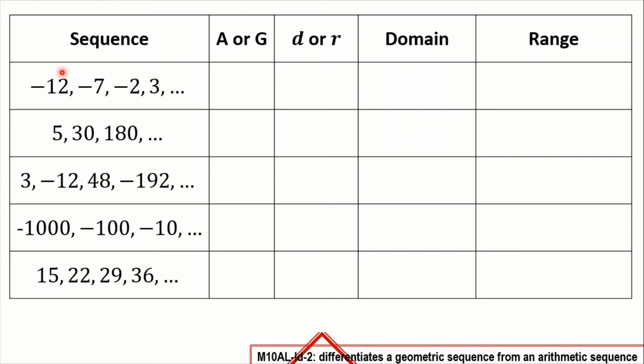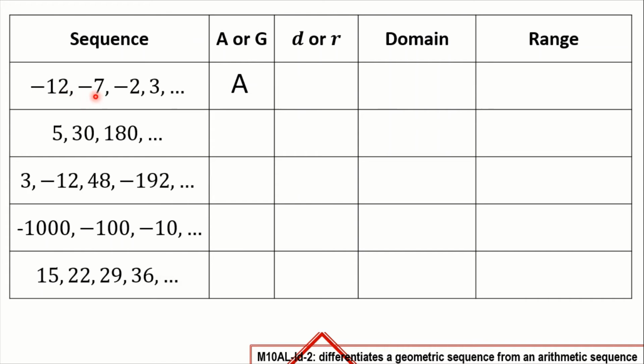We have negative 12, negative 7, negative 2, and positive 3. So, meron ba siyang common difference or common ratio? So, in this case, this sequence is an arithmetic sequence. Okay? Para makuha ang common difference, subtract natin two consecutive terms.